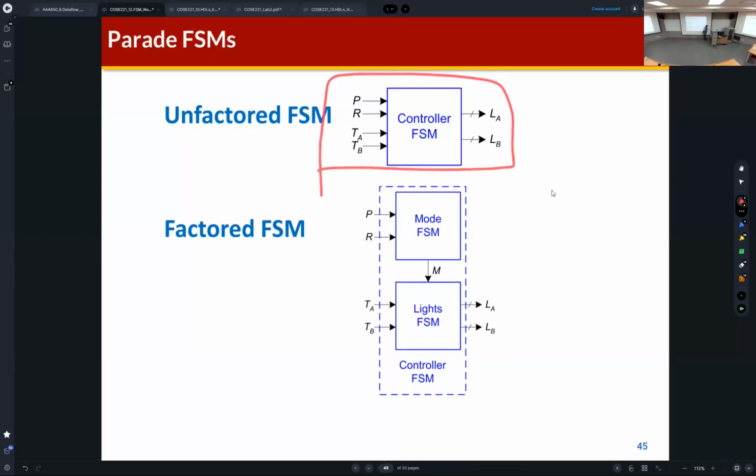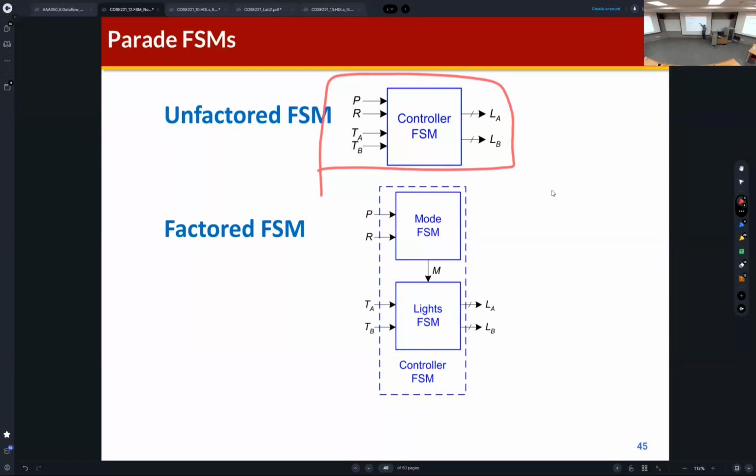Which means that this is a new module, and this new module has two more input signals, P and R. The output is the same, the output signal being the result of the traffic light and traffic sign. So P and R can be exposed to the control FSM. But we can design an FSM like this.